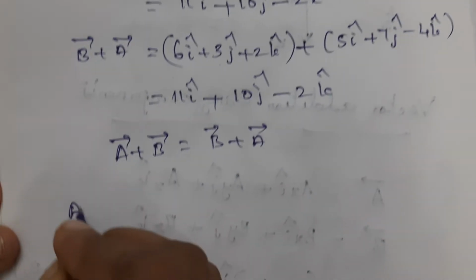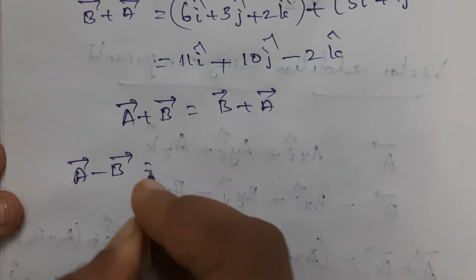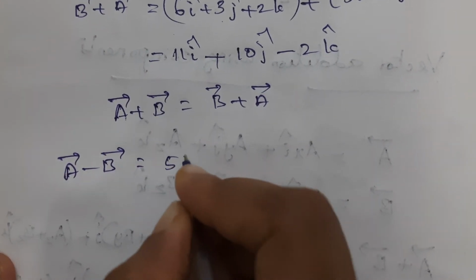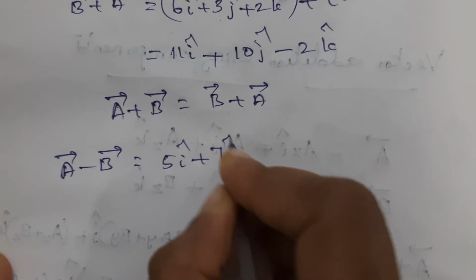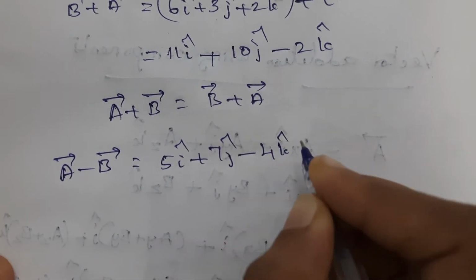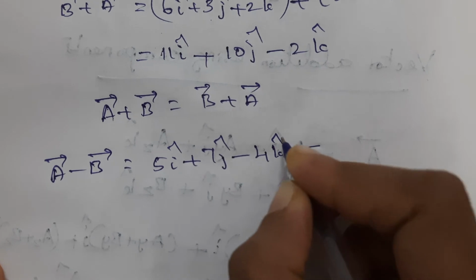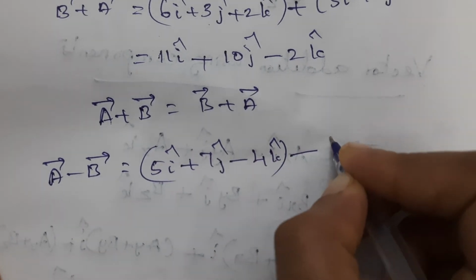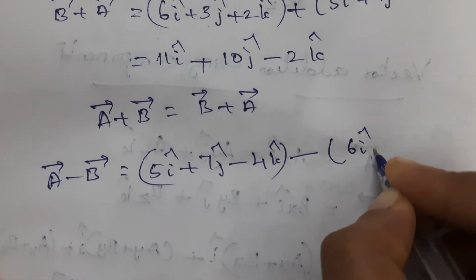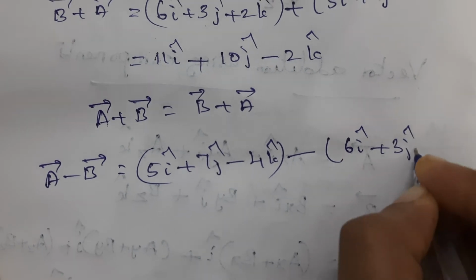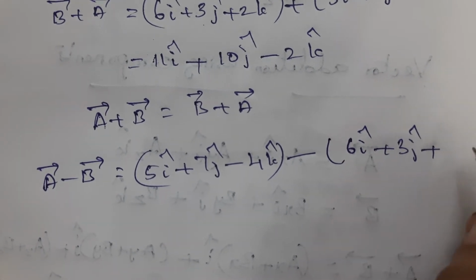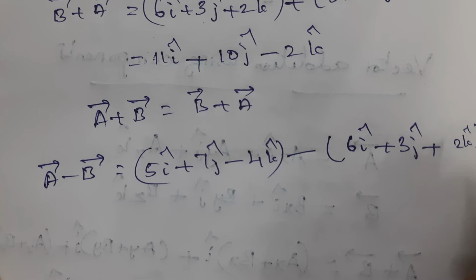Let's find a minus b. 5i cap plus 7j cap minus 4k cap minus 6i cap plus 3j cap plus 2k cap.